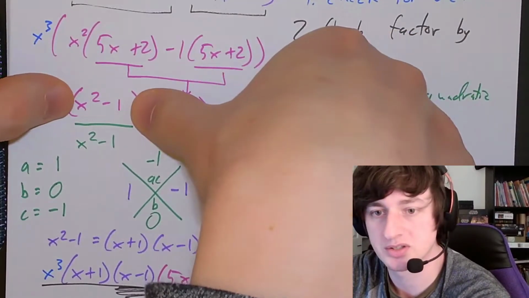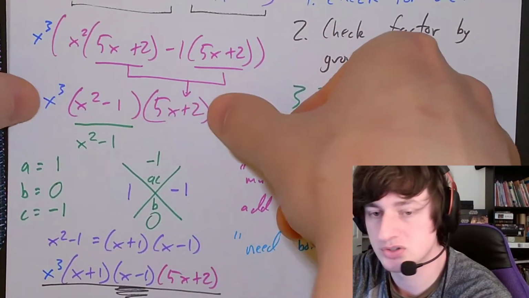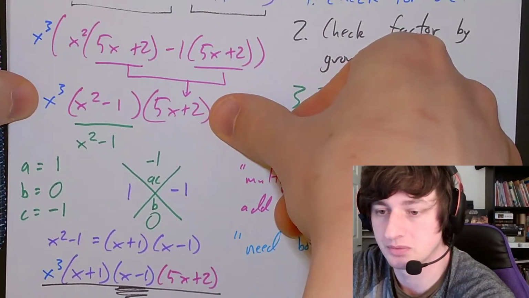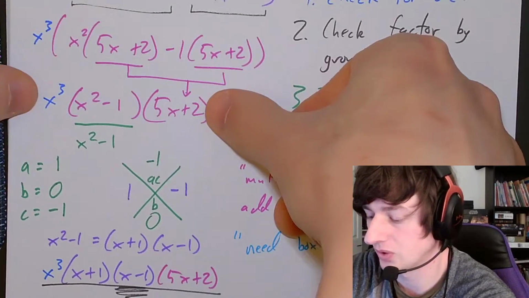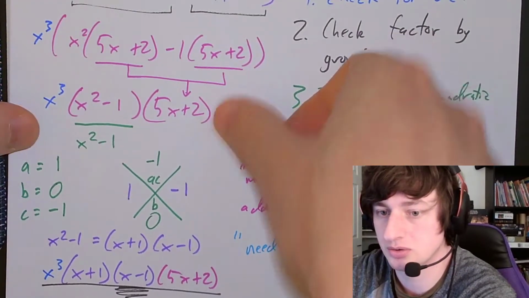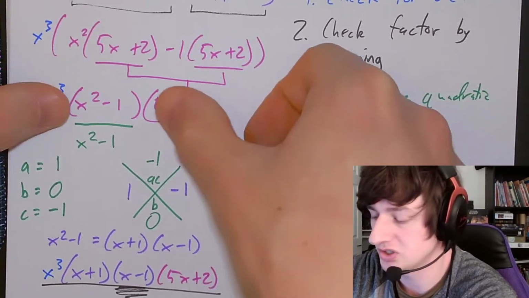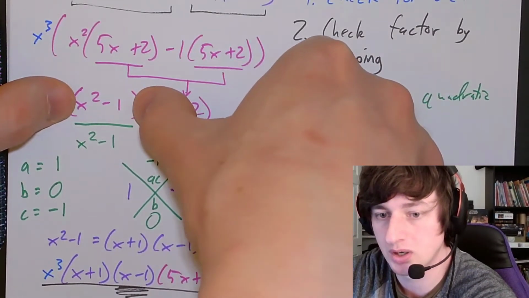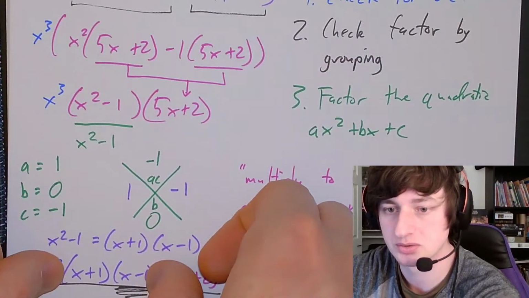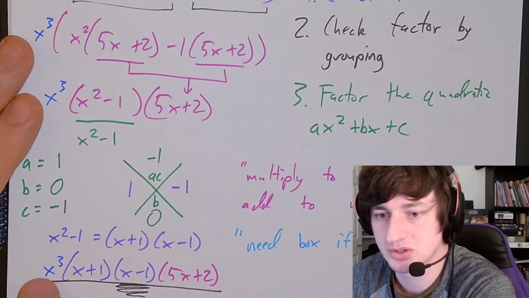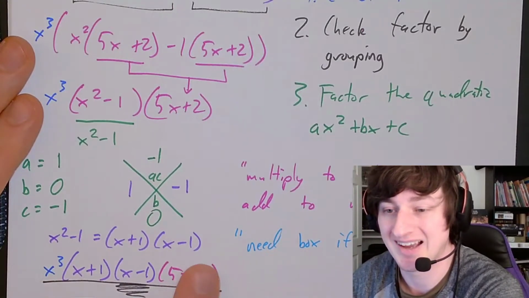We just need to factor this x squared minus 1 further, but the rest of the stuff is all part of our answer. Still part of the problem. So I included the x cubed and I included the 5x plus 2 because they're part of what we had originally. We just need to turn this x squared minus 1 into these two things. And so I still need to include the x cubed and the 5x plus 2.